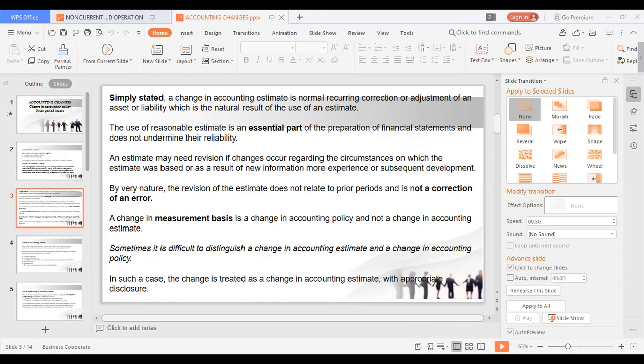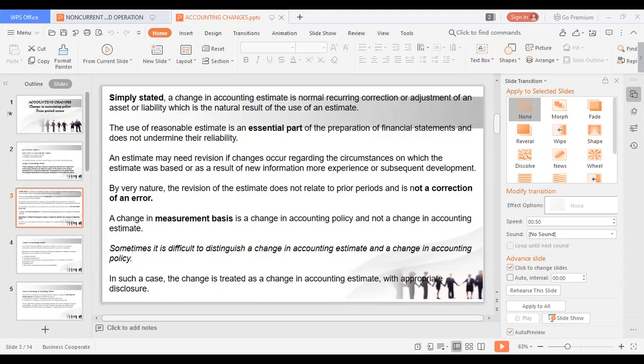Okay, so we have the original cost of 7.2 million with no residual value. The accumulated depreciation from 2017 to 2019 for a period of 3 years is taken by dividing 7.2 million by 10 years. That's the original estimate of the life of the asset.